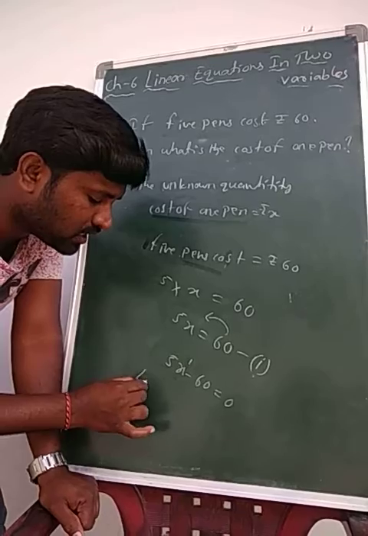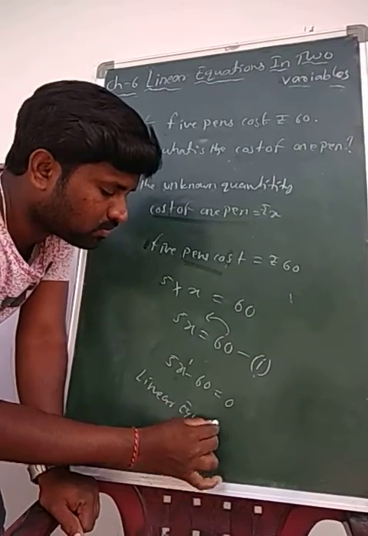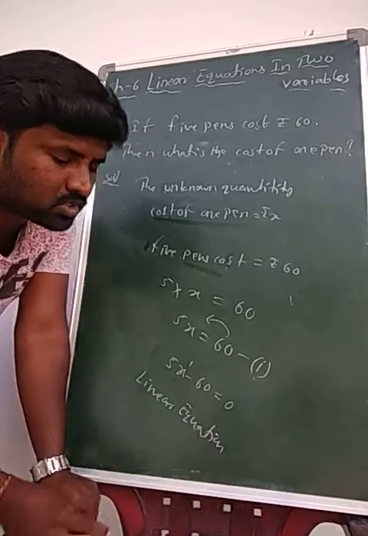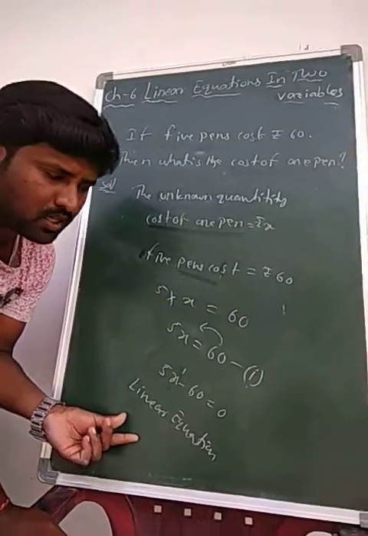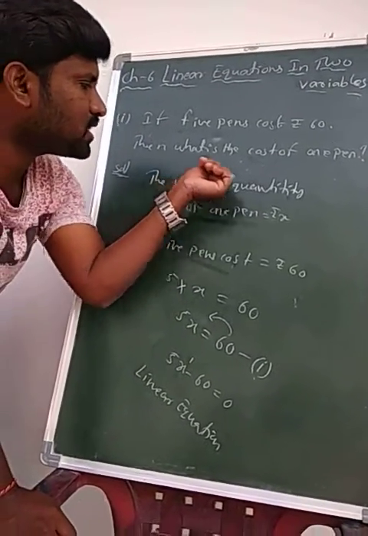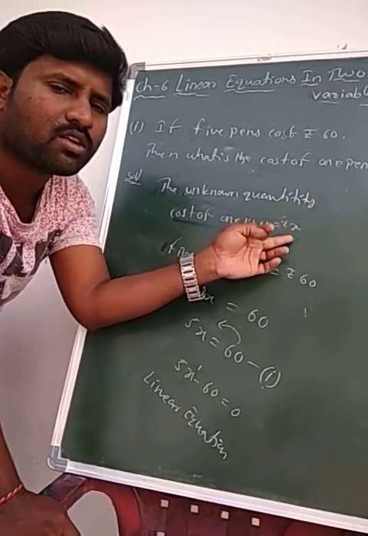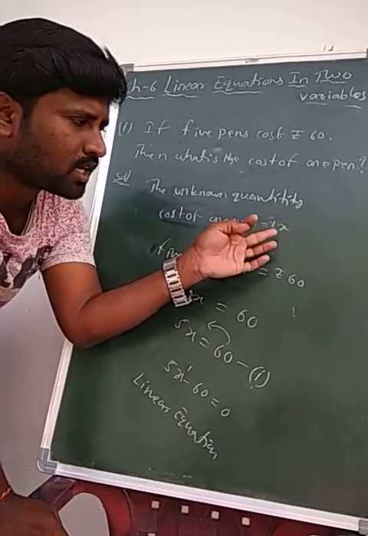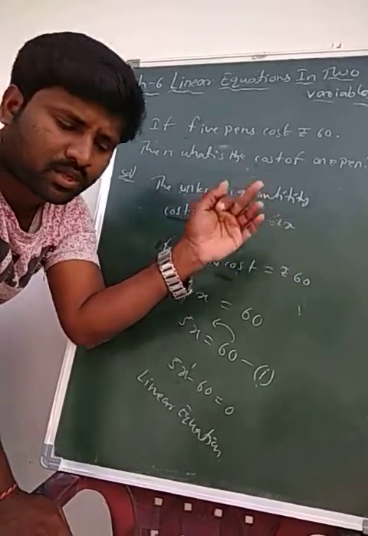This is a linear equation. We use a variable for the unknown quantity. X is the variable. We can use English alphabet small letters for variables.